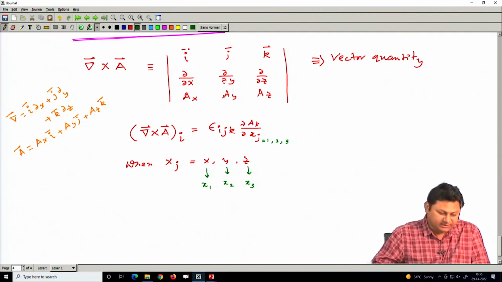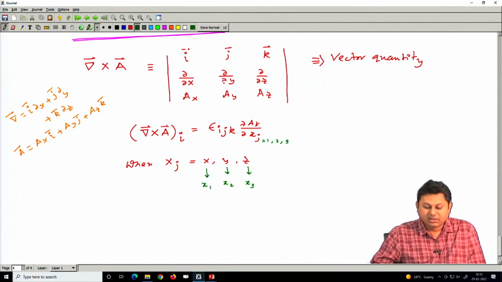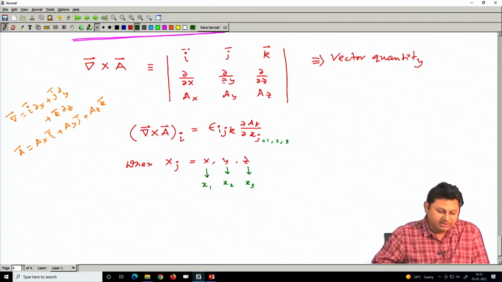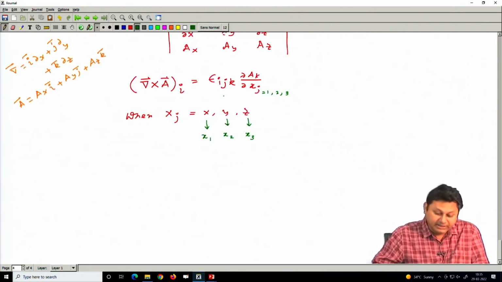Now, the question is what is the geometrical interpretation of that. This operator basically tells us how curly the vector field is.